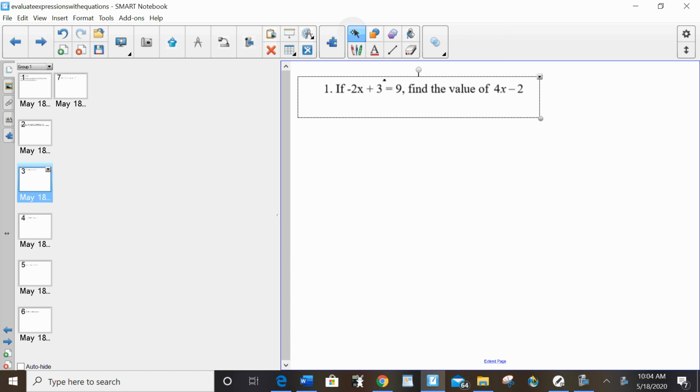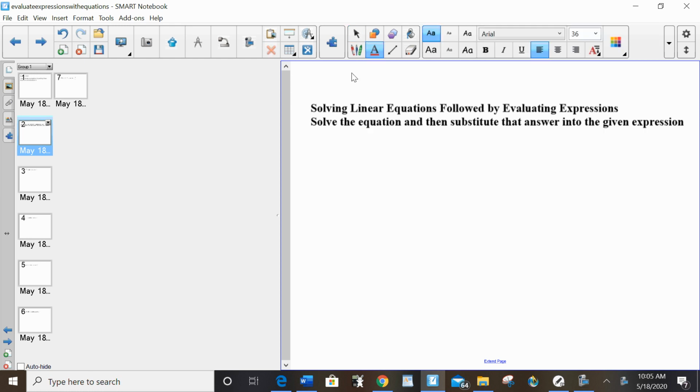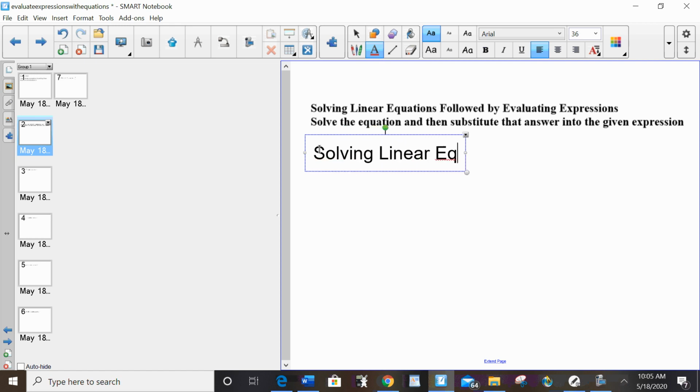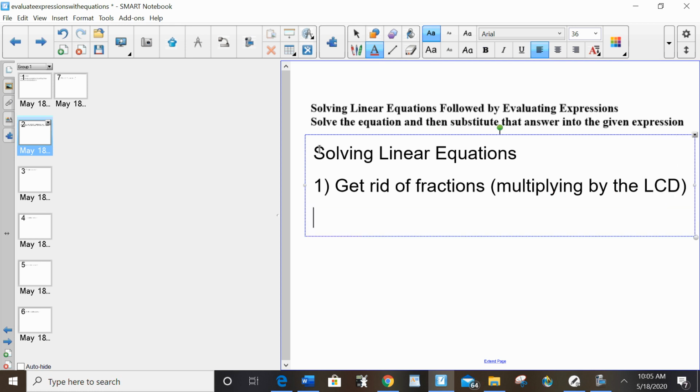Listen, this is 7th grade math, so I might as well go through the notes for solving linear equations. Let's check it out. When you're solving linear equations, first step is to get rid of fractions by multiplying by the LCD.